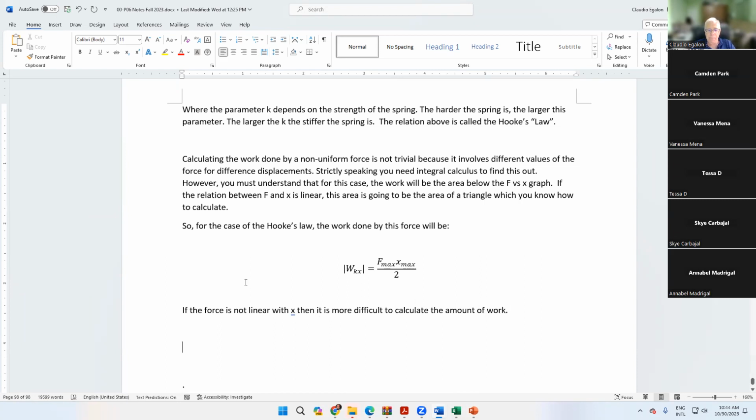Okay? If it's not linear with x, then you need differential and integral calculus to calculate the amount of work.